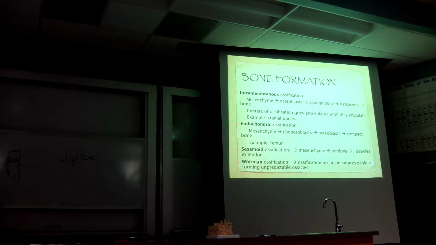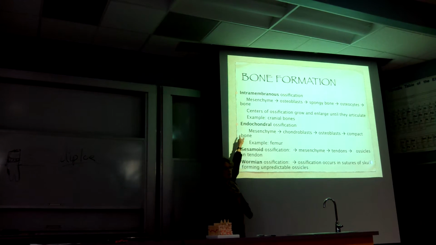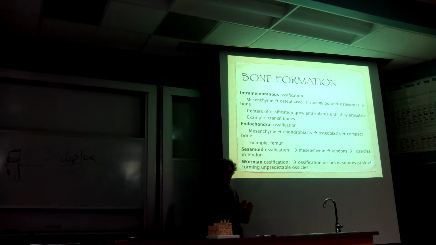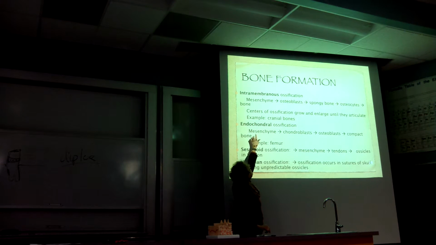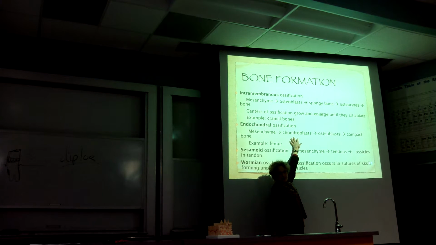Endochondral ossification is this cartilage model. So this is a cartilage model of bone growth. The bone is actually formed in cartilage, and then the cartilage begins to ossify from the center out. So we have mesenchyme, here's our stem cell originating from the embryo. But then, instead of going to osteoblasts, we have chondroblasts.